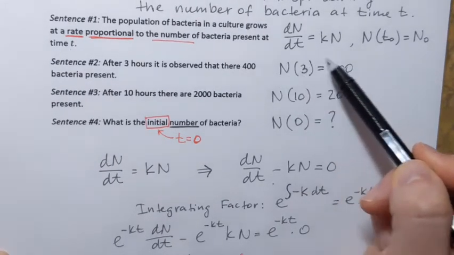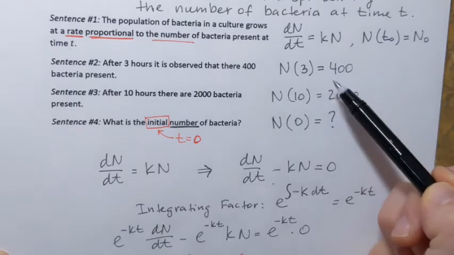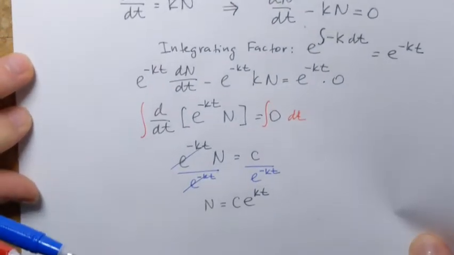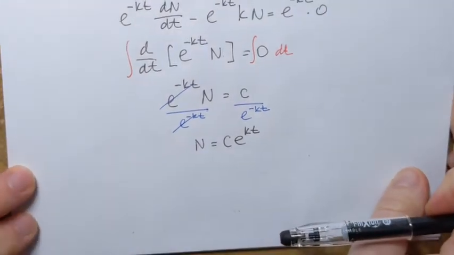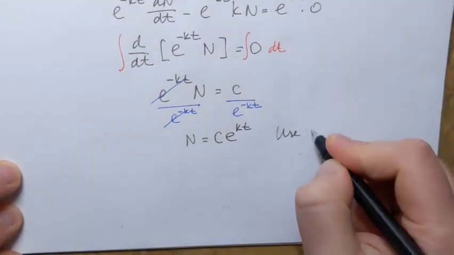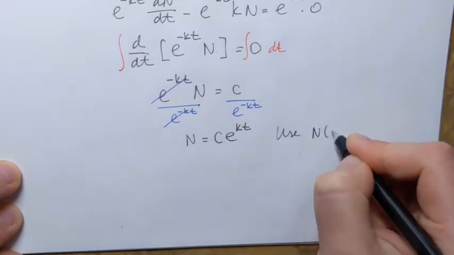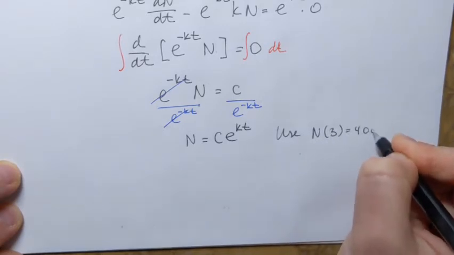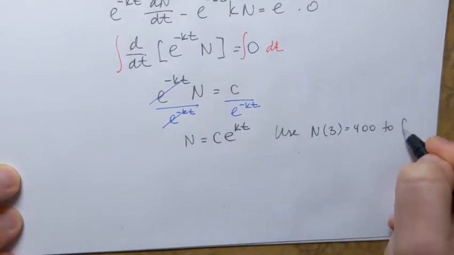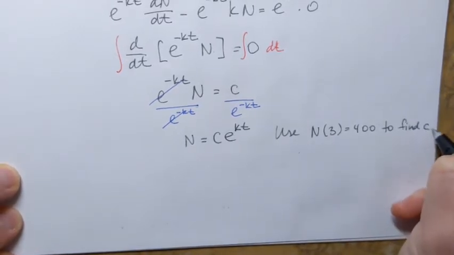We'll use the first condition to find constant c. Let me copy that down so it's in front of me here. So I'll say use N of 3 equals 400 to find c.